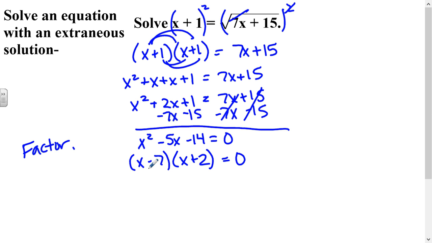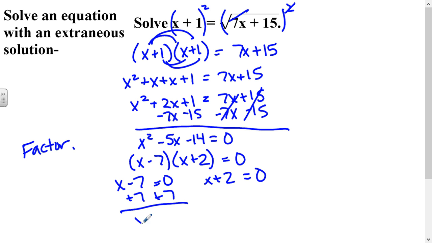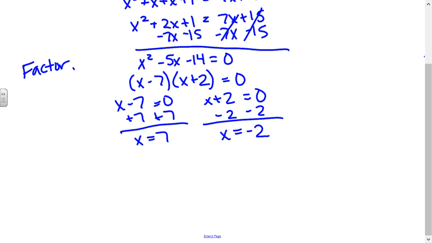Now, in order for this to equal 0, when we multiply two numbers together and the answer is 0, that means one of these must equal 0. So I'm going to set both parts equal to 0 and solve it. We would add 7 here and get x equals 7. And we would subtract 2 here, and so we get x equals negative 2. So we have two solutions, and we're going to go ahead and check both of these solutions.